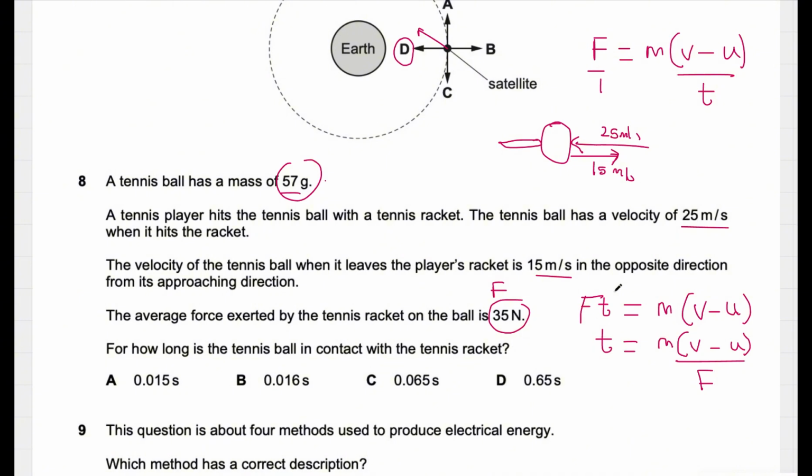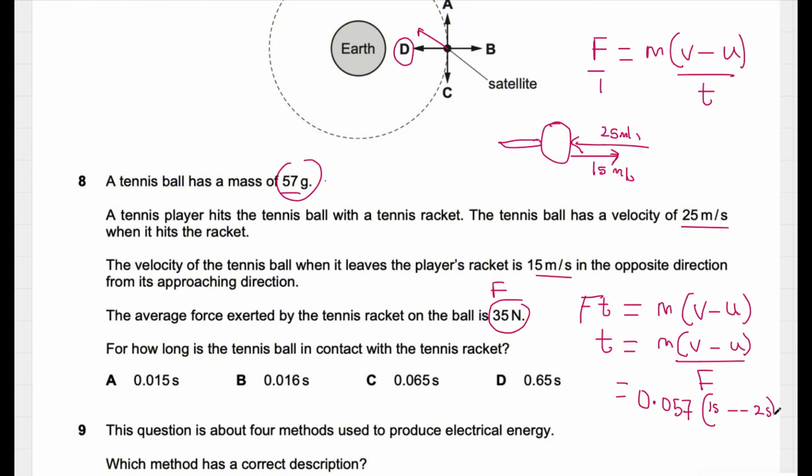T will be equal to our mass, which we change by dividing by 1000 to put it in kilograms, giving 0.057, times the velocity change, 15 plus 25.